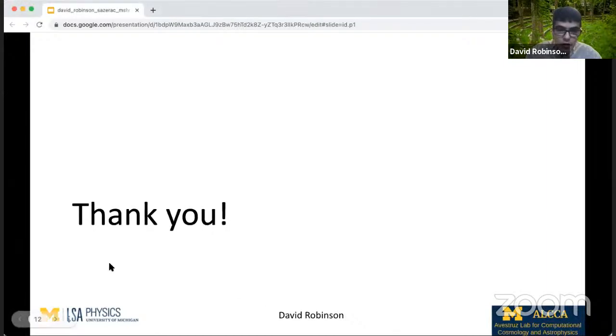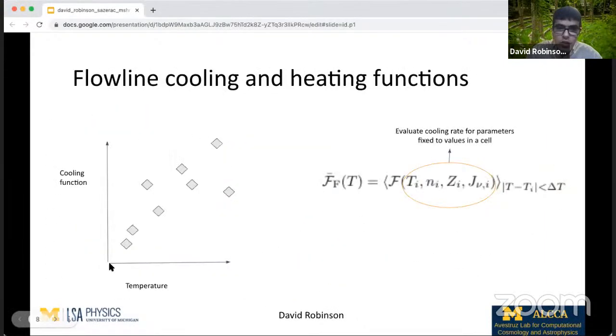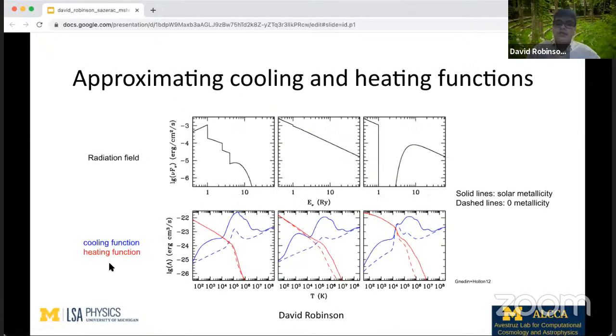So I think if I go back to this slide of the approximation itself, you can see that changing the metallicity has a significant effect, and that's kind of expected because when you change the metallicity, you change what cooling and heating pathways are available to the gas, and the density has an effect as well. I believe that in the approximation scheme that we're using, the dust content doesn't actually play into these cooling and heating functions.